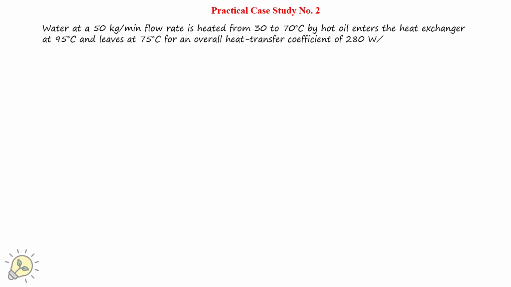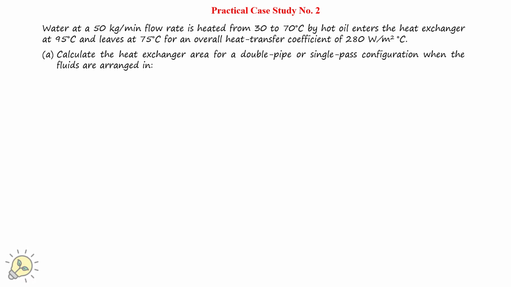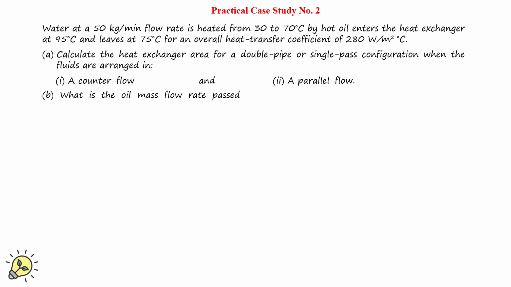Now let us consider a practical case study number 2. Here we have water at the rate of 50 kilograms per minute flowing through a tube, and it is heated from 30 to 70 degrees Celsius by hot water that enters the heat exchanger at 95 degrees centigrade and loses energy.